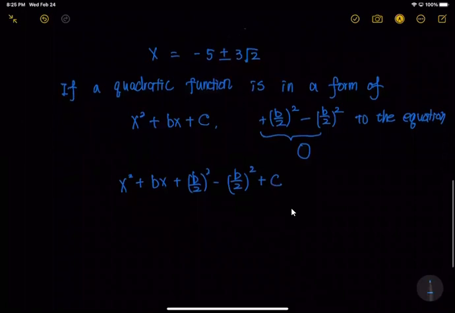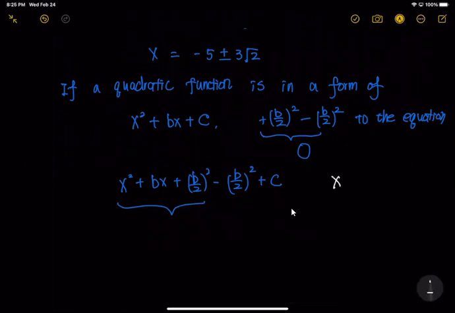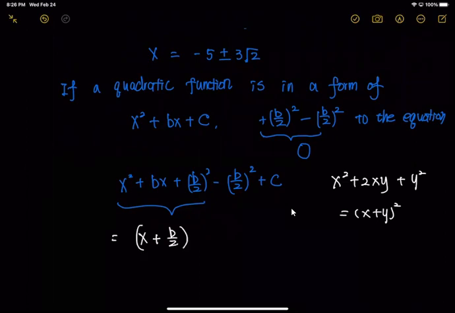Because of the first 3 terms, if you remember the perfect square trinomial, x squared plus 2xy plus y squared equals (x plus y) squared. Based on that, the first 3 terms equal (x plus b over 2) squared.